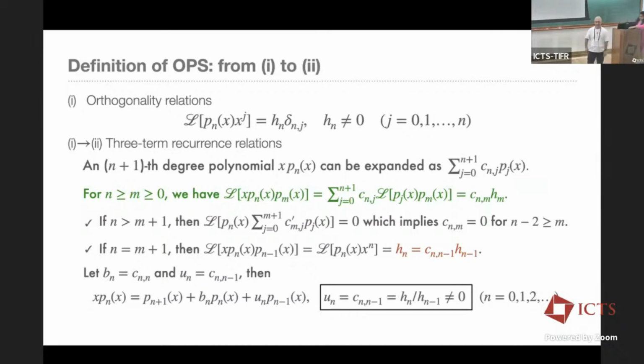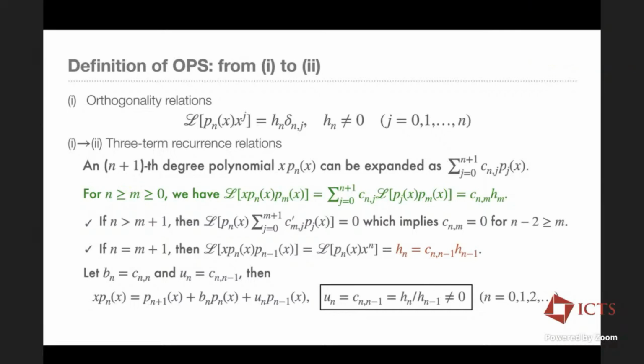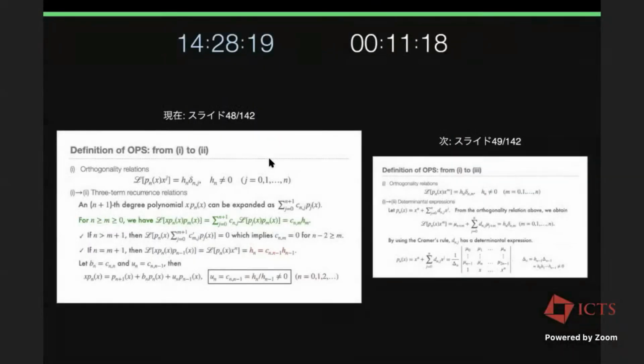It is possible to expand this. If the x is multiplied into the latter part, then we expand in the same manner.